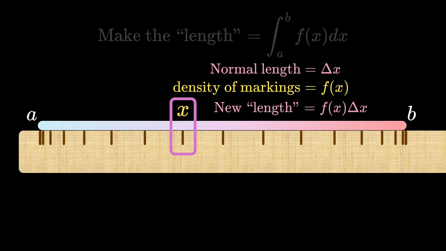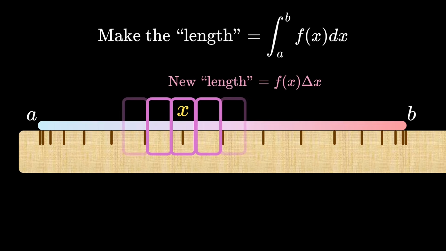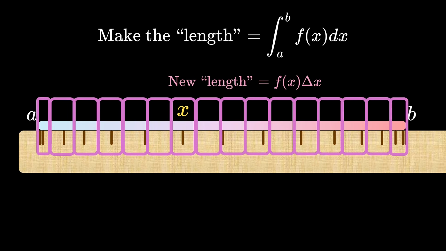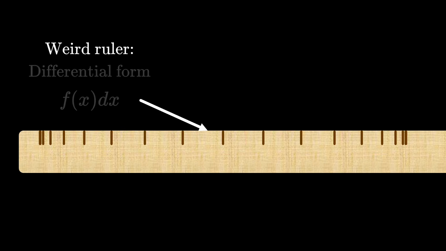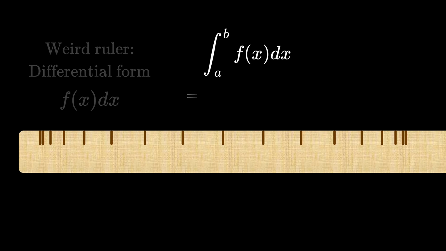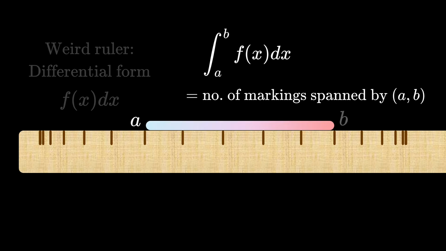When we aggregate the contributions from these little sections, the total length is the integral. This weird ruler is essentially the differential form f of x dx, and it provides an alternative view of integration. The integral is the number of markings spanned by the interval ab according to this ruler.